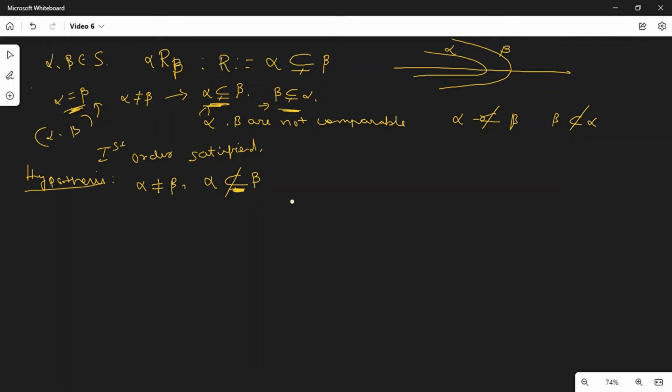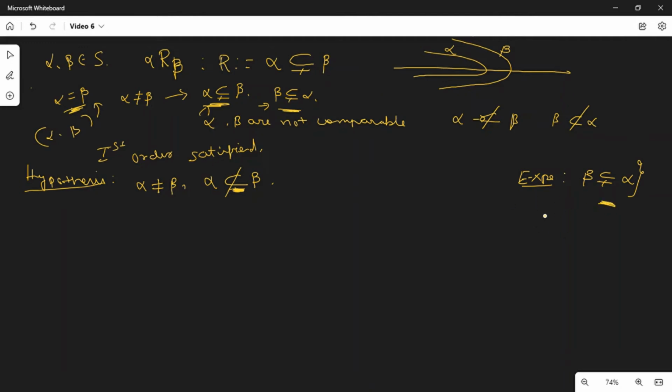Then our expectation is that beta should be a proper subset of alpha. Otherwise it will not be an order, because if these two do not happen, at least this should happen.